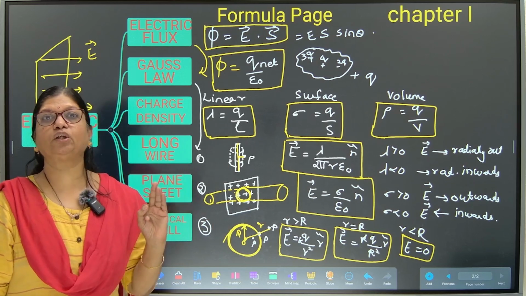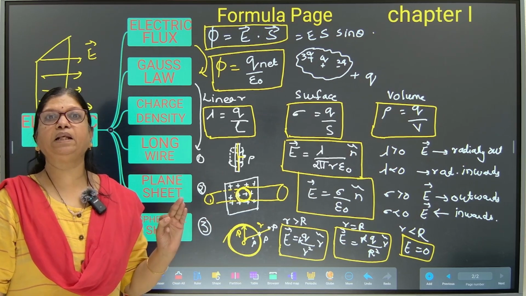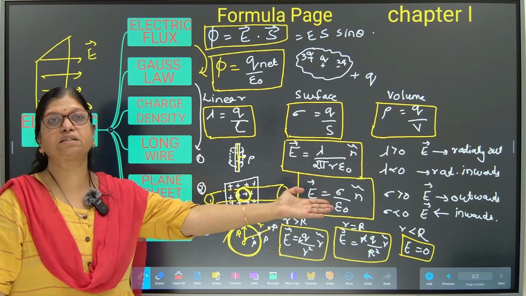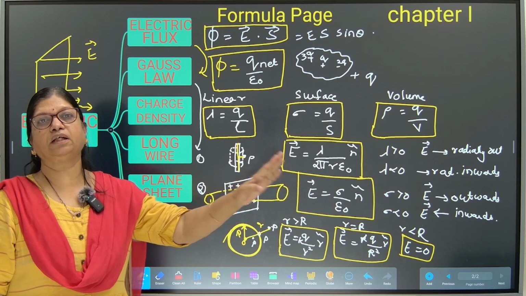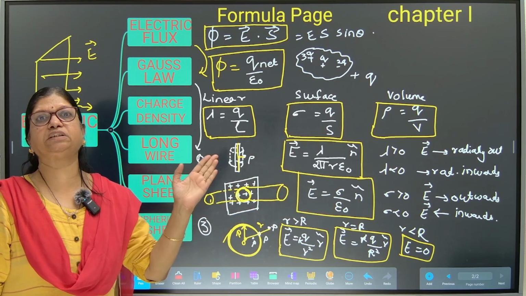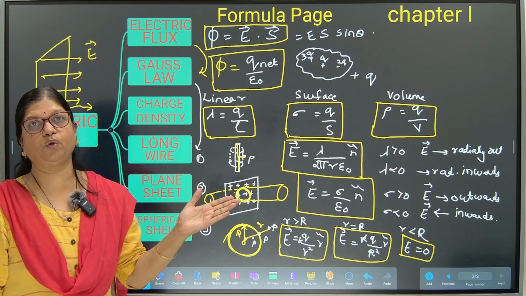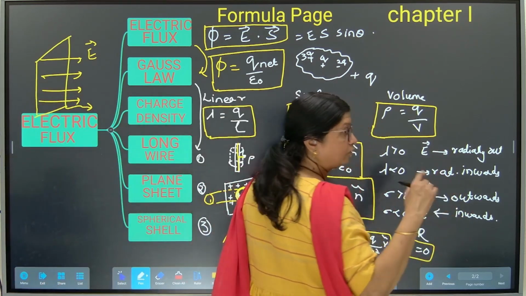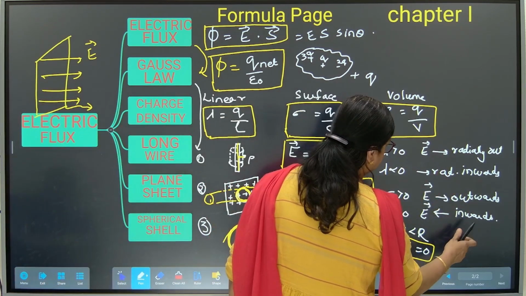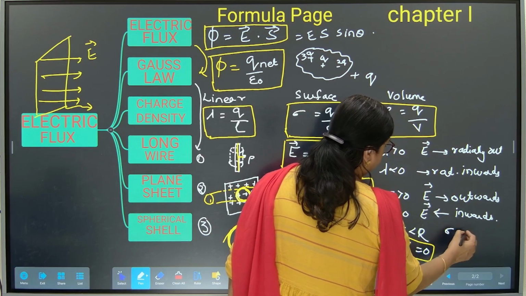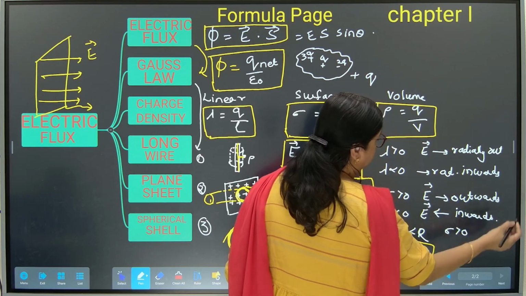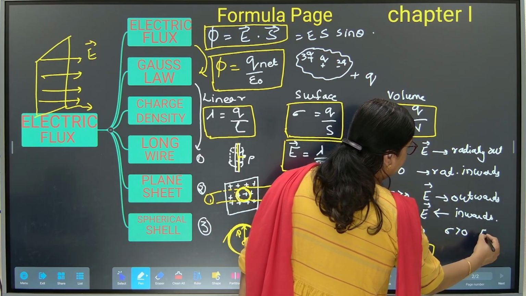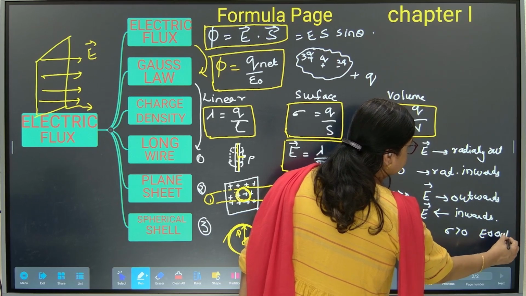Again, the direction of the electric field will be radially outwards if the surface charge density is greater than 0, and radially inwards if the surface charge density of the shell is less than 0.